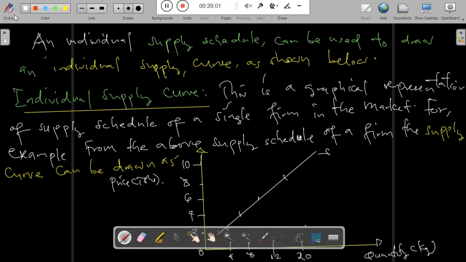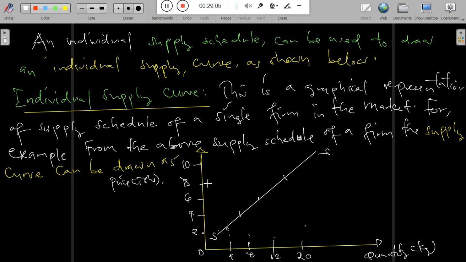So our graph will appear in that form, as you can observe. It will be better now that we talk about the market supply schedule.